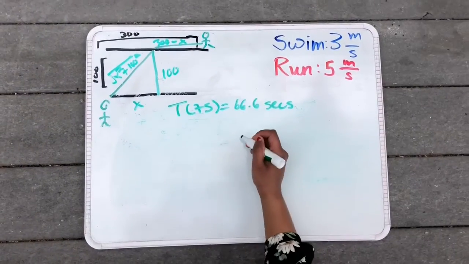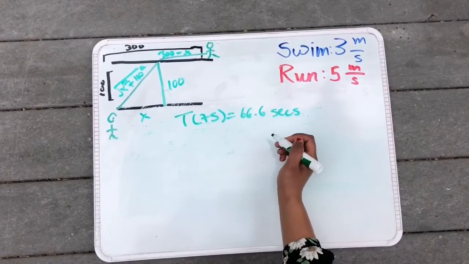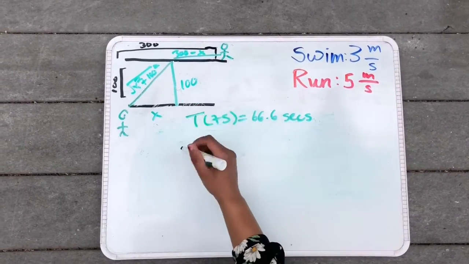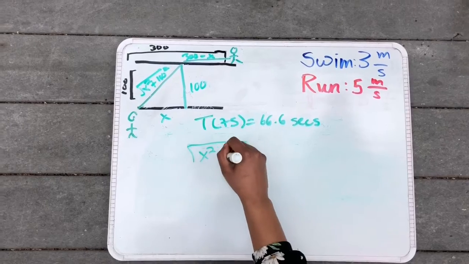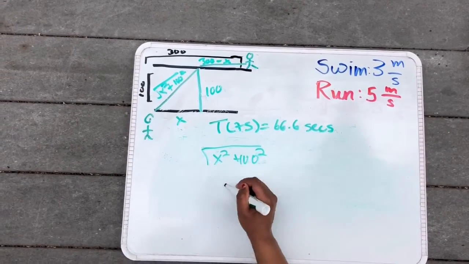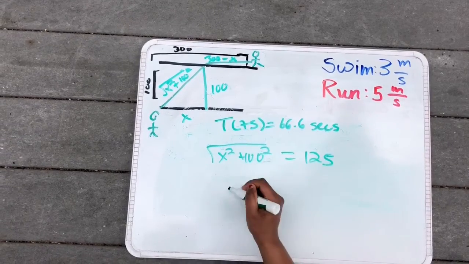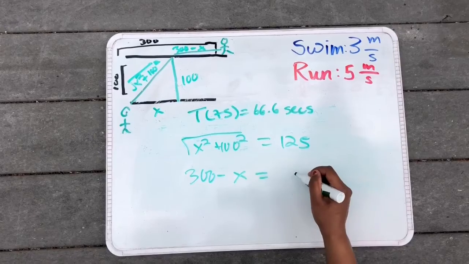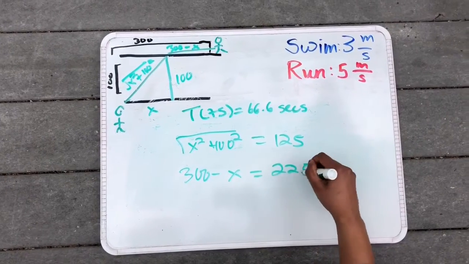So now our absolute minimum time is 66.6 seconds, and to find the distances, we plug 75 into the square root of x squared plus 100 squared to find the swim distance, which equals 125, and into 300 minus x to find the run distance, which equals 225 meters.